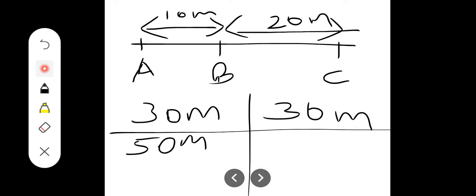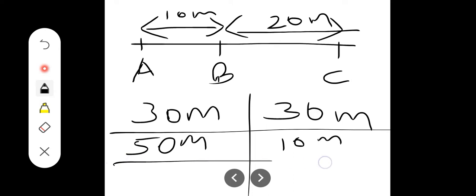Don't consider the path actually, because only the final position is needed for calculating the displacement. So what is the displacement here? The shortest distance between A and B, that is nothing but the displacement. So that is 10 meter here. Just remember, it is 10 meter, not 50 meter.